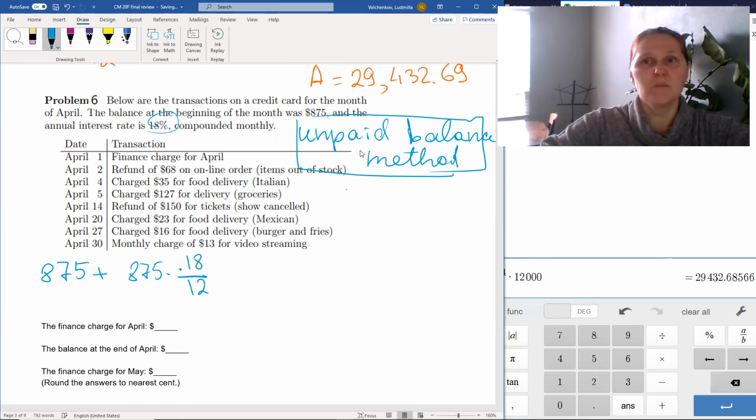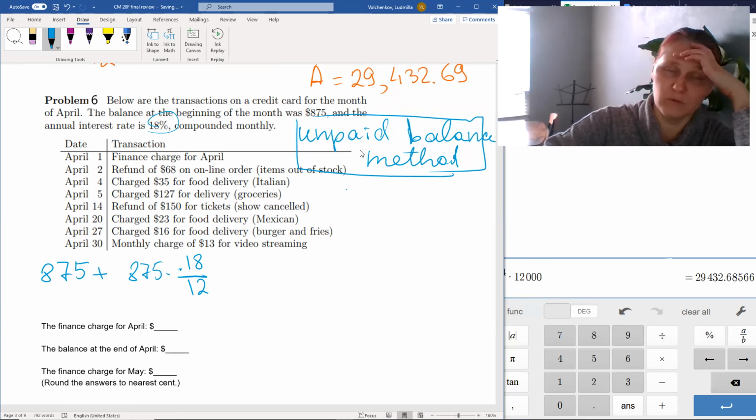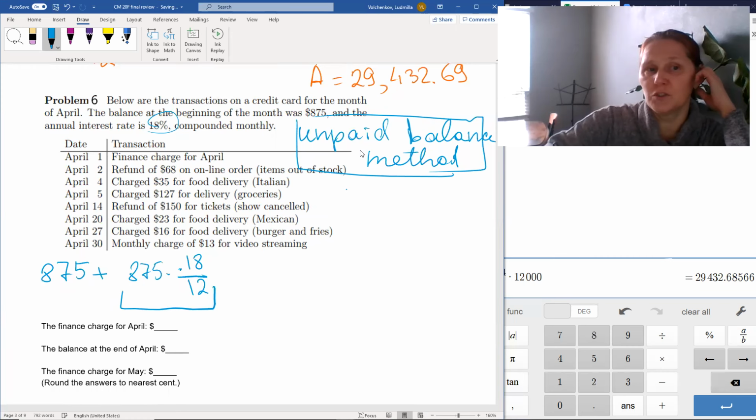By the unpaid balance method, we always have R over M as 0.18 over 12, so the annual interest rate divided by 12. So this is the final charge for this month based on the previous month's balance, and this is the answer for part A.